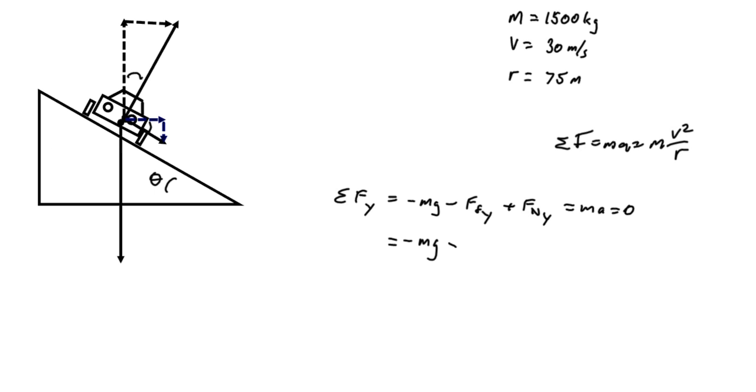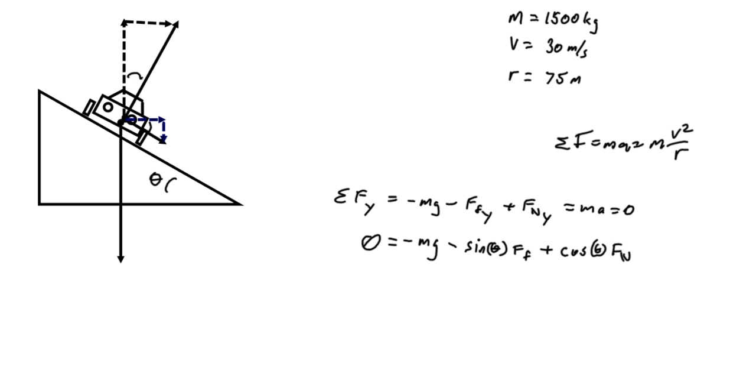That is going to be the opposite side of the triangle, so that's going to be sine theta times the force of friction plus the normal force in the y direction, and that is going to be cosine theta times the normal force. And of course, that is all equal to 0.